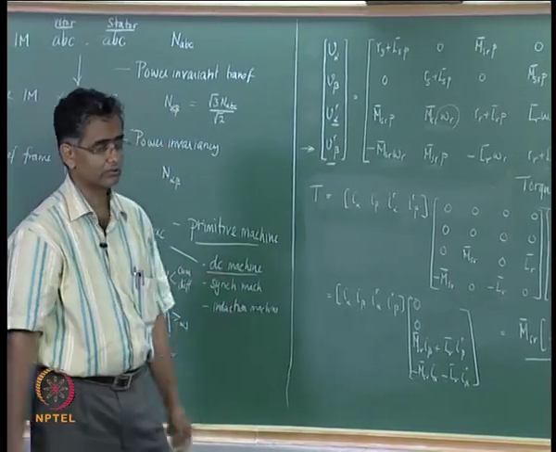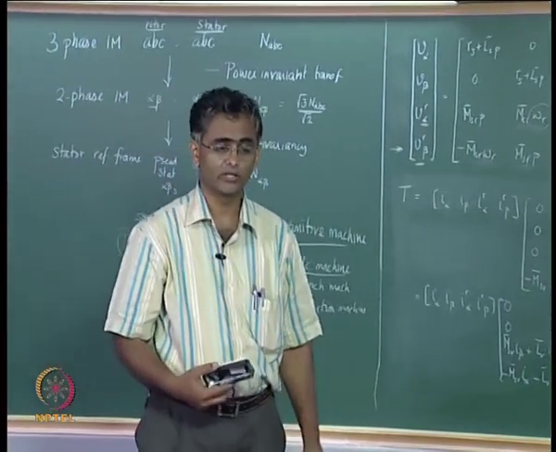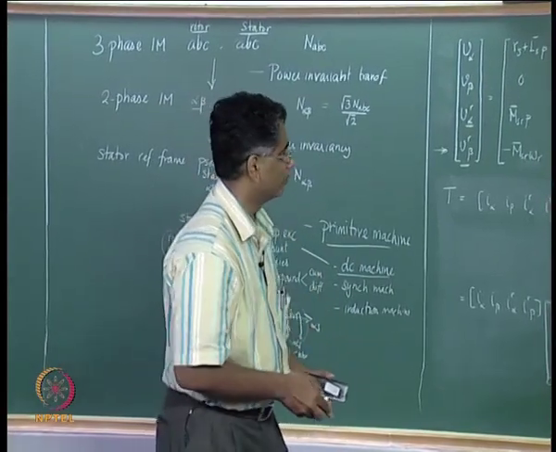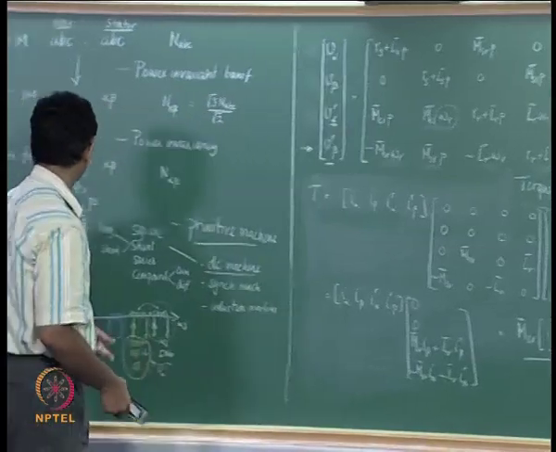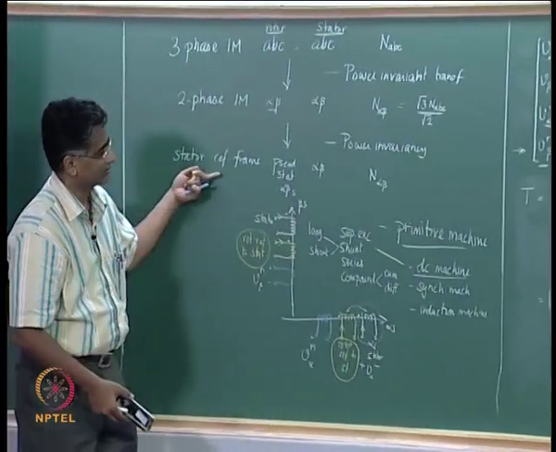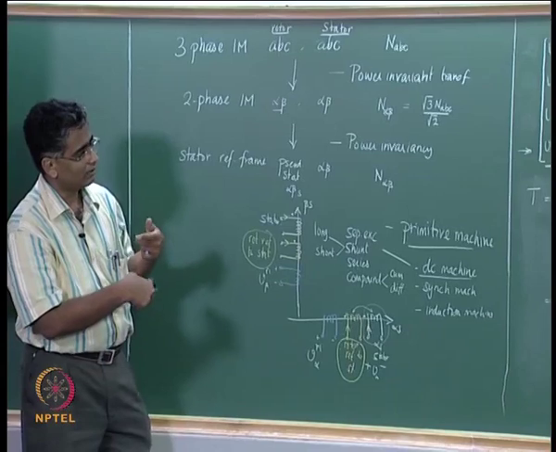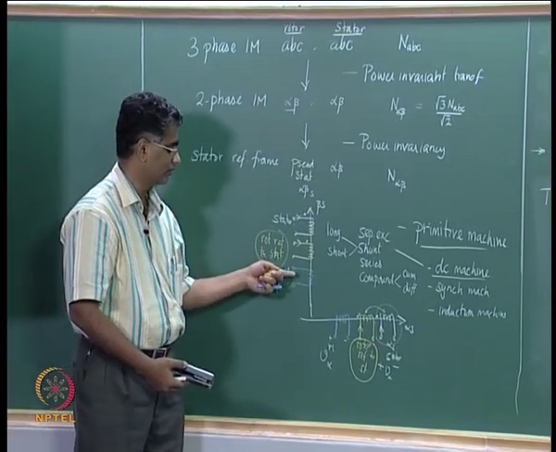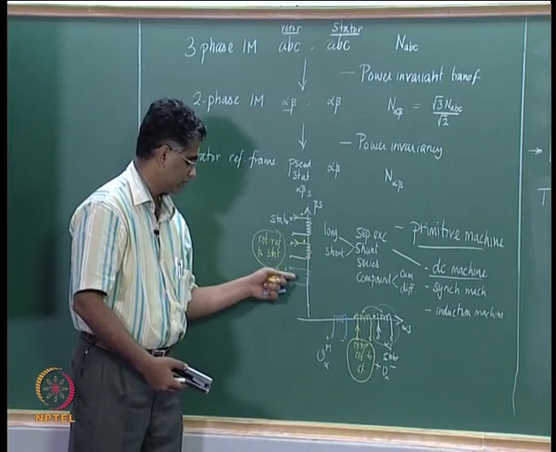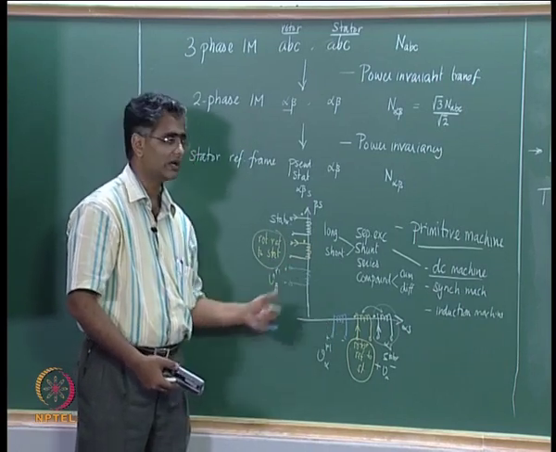One can use this to solve for the dynamics of the machine in whatever manner we want. So this then completes the machine description in the stator attached reference frame. We have seen how the machine description can be extended for a machine with more terms in the alpha axis and in the beta axis.